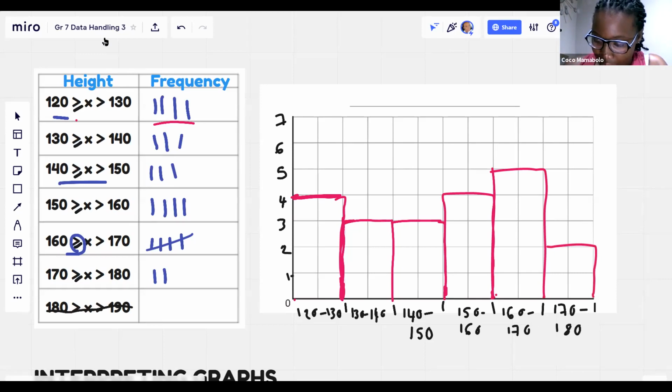Is anybody confused as to what I just did? No, ma'am. Thumbs up, thumbs down. How are we feeling about this section? Jethro says yes. Trevor says yes. Awesome. Njabulo's a little confused.